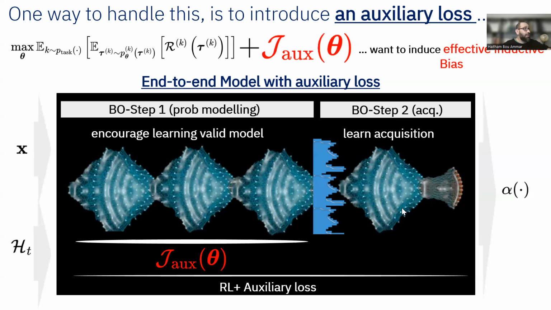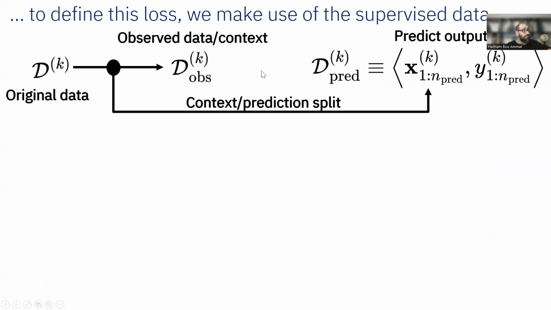What we are really going to do, which I think is pretty awesome, is force part of the network to become a probabilistic model. The output of this then passes through the second step, which is the acquisition. Then we train it end-to-end using reinforcement learning and this auxiliary loss. To define the auxiliary loss, we rely on the standard work on neural processes, where we take my original data set and split it into a context data set and a prediction data set.